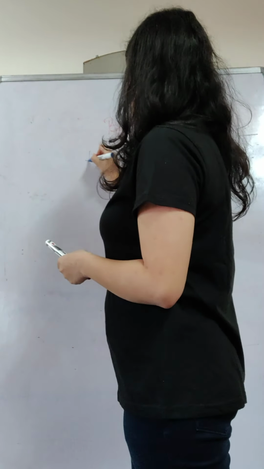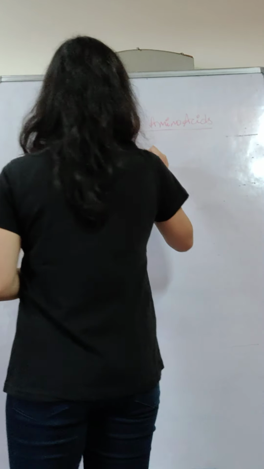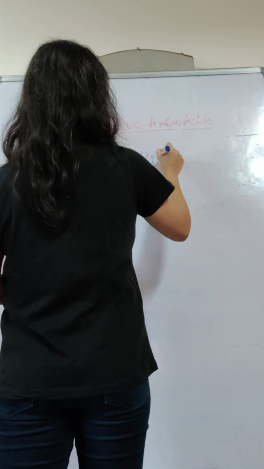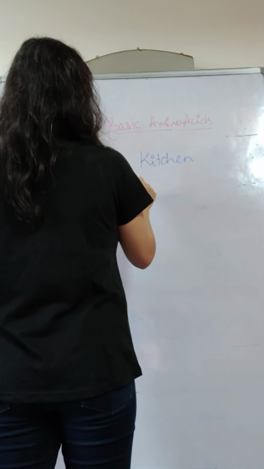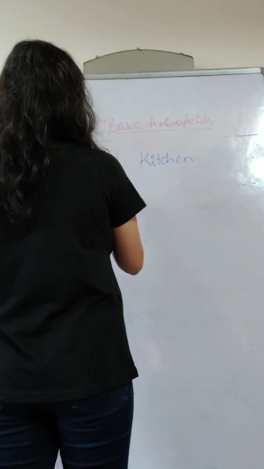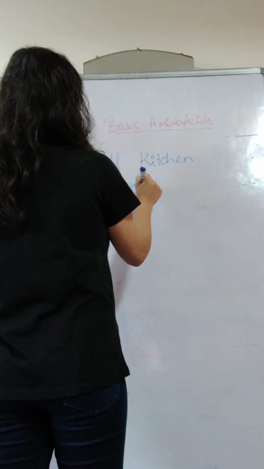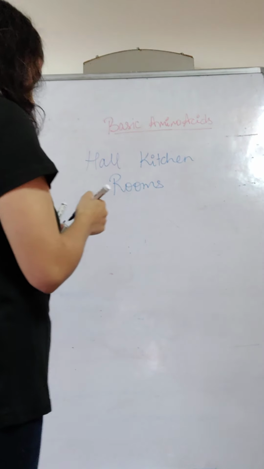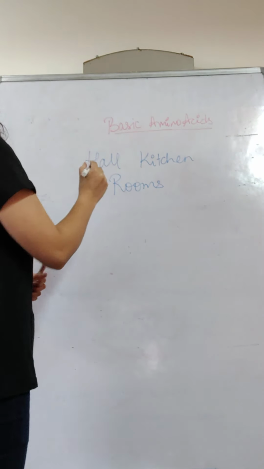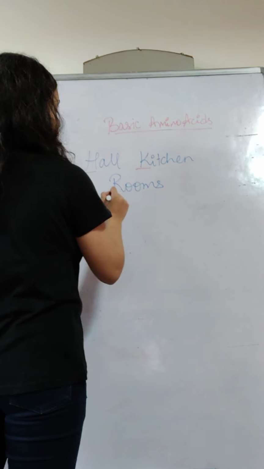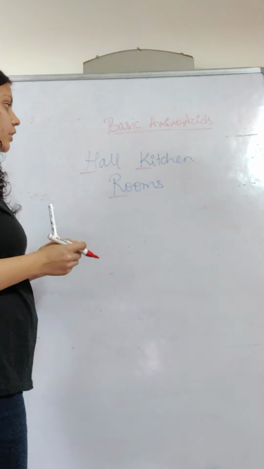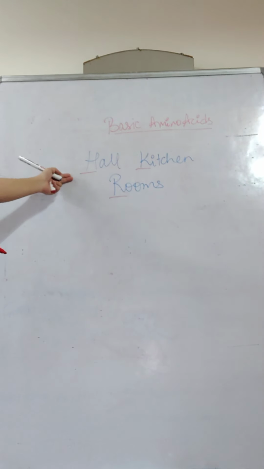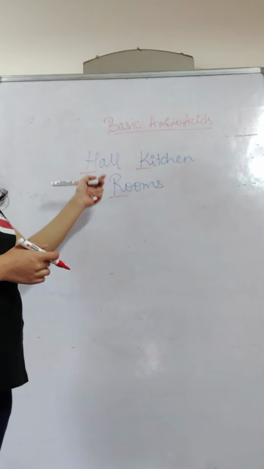That is how you tell, na? So hall, kitchen and rooms. That is how you sell it off, or even if you go for buying or renting a house, it is hall, kitchen and rooms.